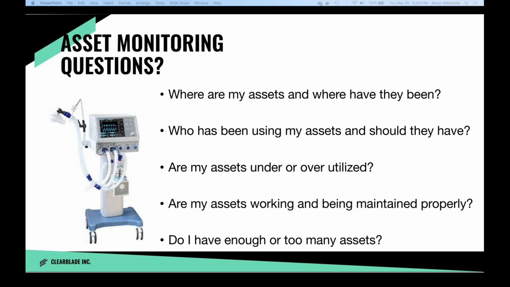Yet again, this is another question that we ask ourselves as we think about the things we own and where they are. Utilization is a huge question that, if we can answer, there's a lot of operational things we can do. And then, are we maintaining them? A lot of our assets today require manual truck rolls to go and simply test.